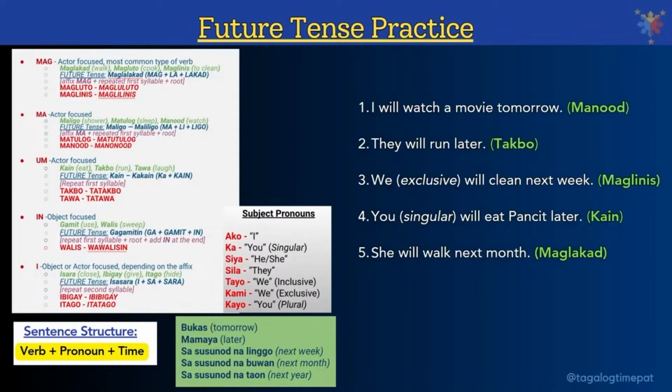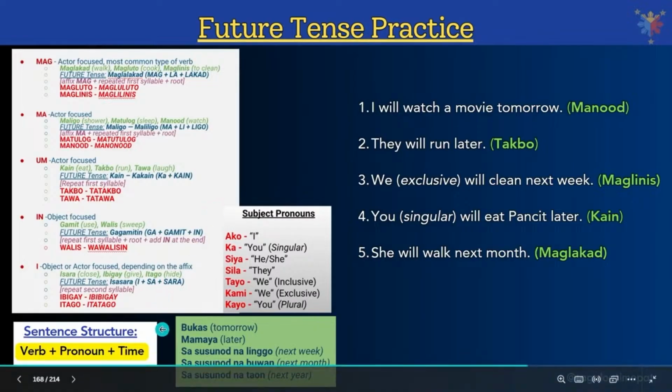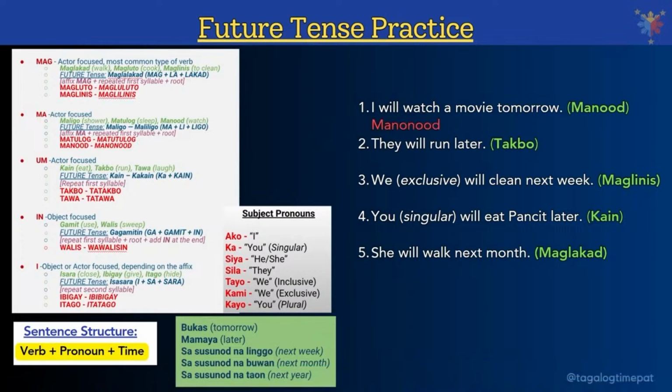I will watch a movie tomorrow. Manood means to watch. Let's take a look at our sentence structure. It should be verb plus pronoun plus time. Manonood is the future tense conjugation of manood. Manonood ako means I will watch.